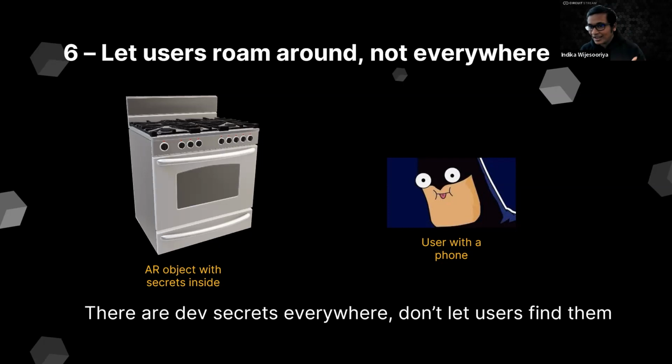But when it comes to AR, we've given 100% flexibility for the user to move the camera around, right? I have an unlimited degree of freedom to move my camera all around, which makes me peek inside what's happening inside of this.